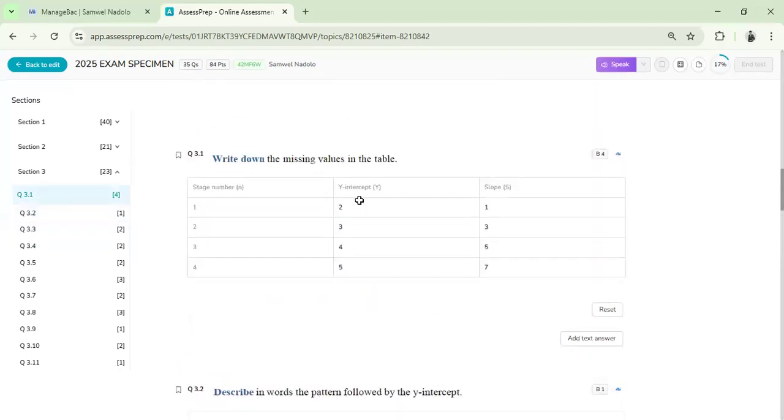For example, on this table, we were given stage number, and then we didn't have any value for the y-intercept or the slope. So choose any value. For example, I can choose n is equal to 4.